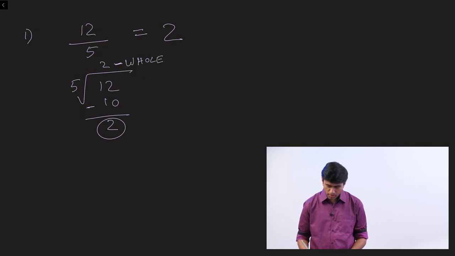Your quotient is the whole number part. It goes here. And the numerator of the fractional part will be the remainder. So that is 2 by 5.